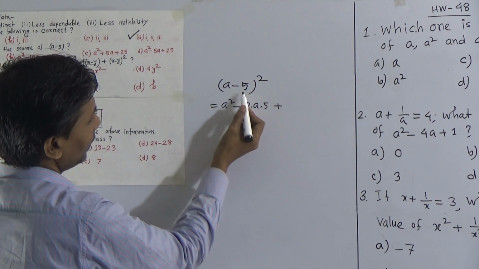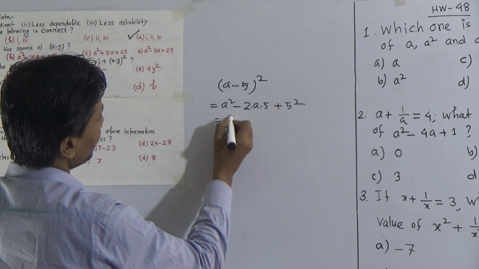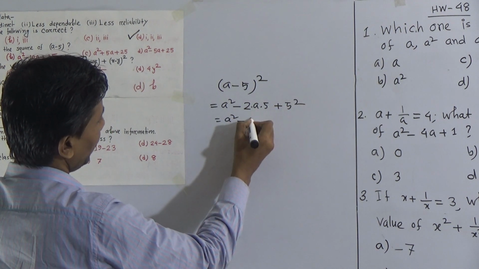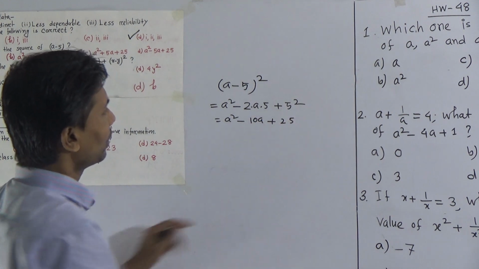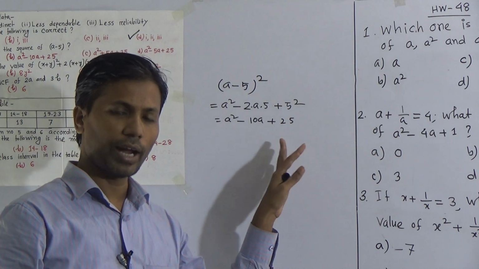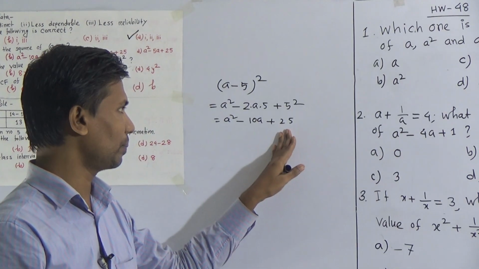B means what here? 5. 5 square. A square minus 10A plus 25. 5 square means what? 5 into 5, that means 25.